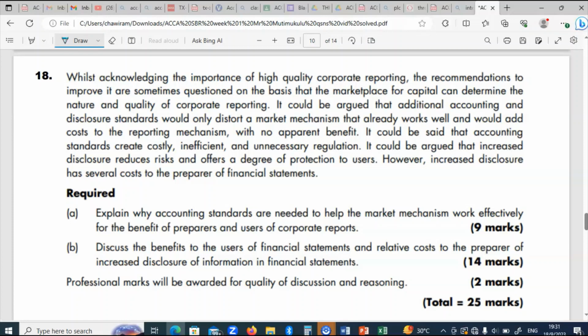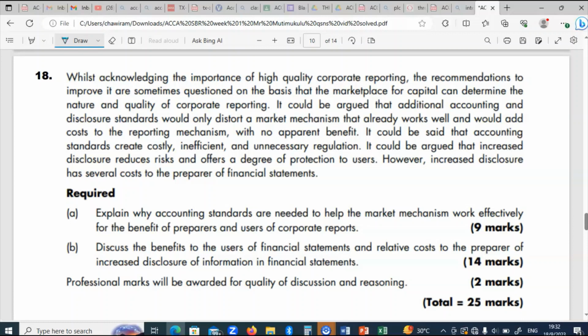Okay, you're not only going to be tested on calculative problems. You're also going to be tested on certain questions which require your cognitive appreciation of accounting.